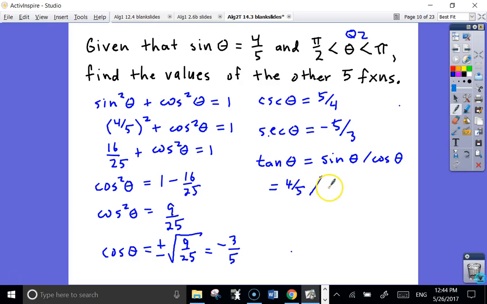The cosine was negative 3/5. So that all simplifies, negative 4/3. And then the cotangent should be the flip of that. So there's all 5.